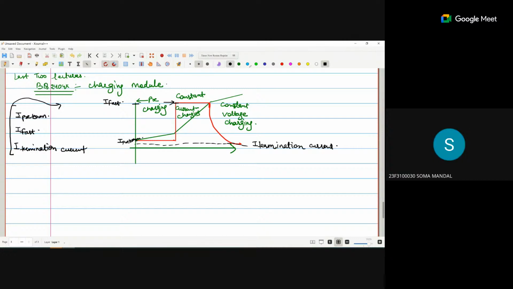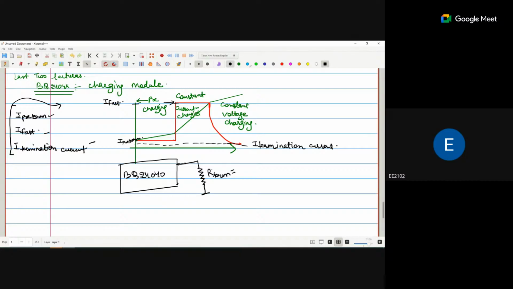Can you give one example? Okay, one block diagram is given. This particular current you have to calculate. For calculating this current, some parameters are given in the data sheet and some parameters will be given in the block diagram. Like one resistance is given, that is R term resistance.